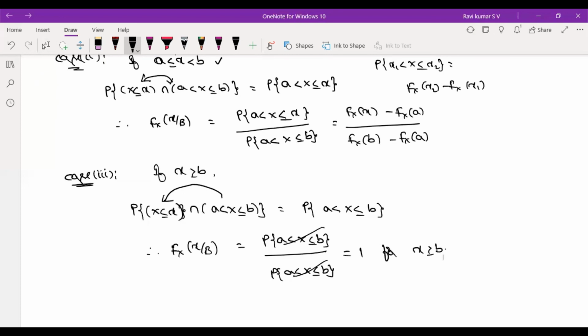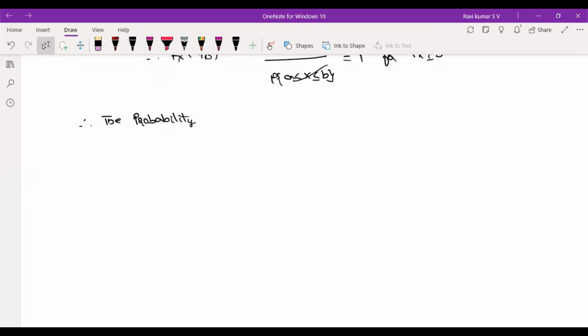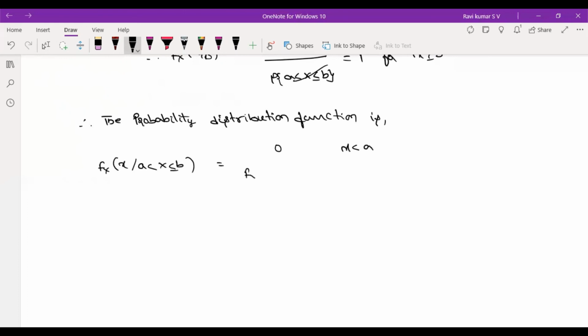So finally, based on this event B, the conditional distribution function F_X(x|B) is equal to 0 when x is less than a, F_X(x) minus F_X(a) divided by F_X(b) minus F_X(a) when a is less than or equal to x less than b, and 1 when x is greater than or equal to b.